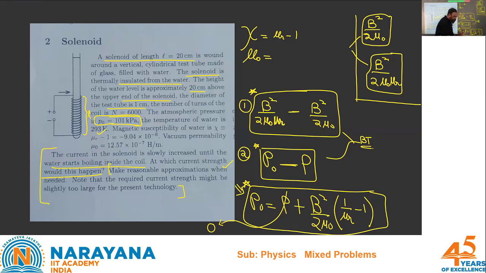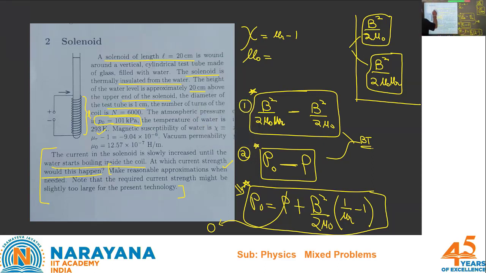So whatever is the change in the magnetic energy per unit volume, that gets compensated by the pressure energy per unit volume. So my equation which comes out here is P naught is equal to B square by 2 mu naught times 1 by mu r minus 1. Now there are calculation assumptions. I'll try to write them here.